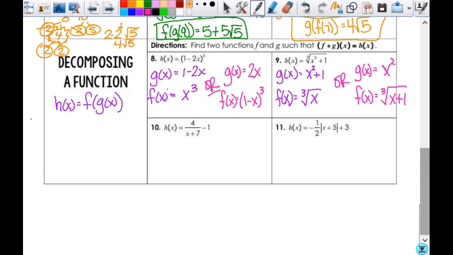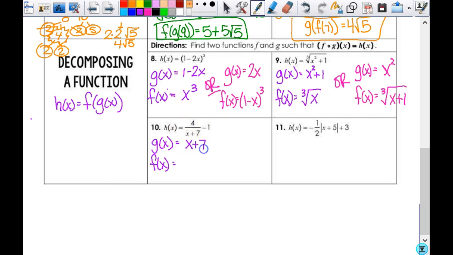Okay. So I want you to think about this one for a second. Let's look at g of x and f of x. So y'all give me a g of x. What do you think g of x could be? Anybody? So, inside out. X plus 7? X plus 7 could be a g of x? Look, I'm going to take just this part.